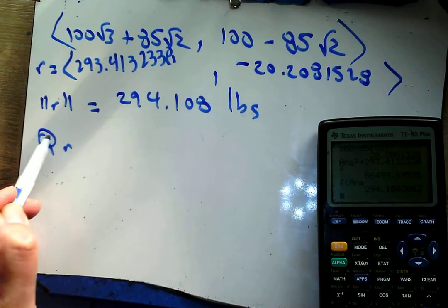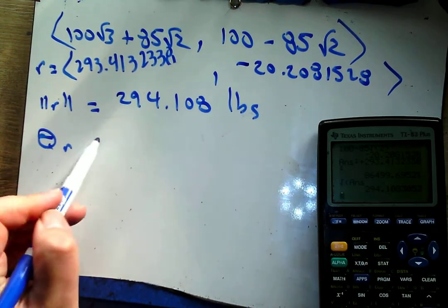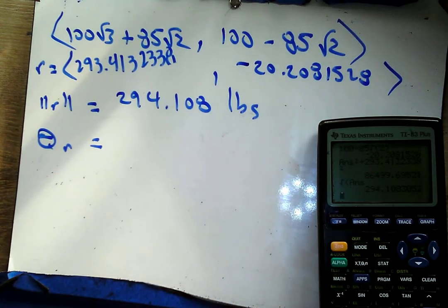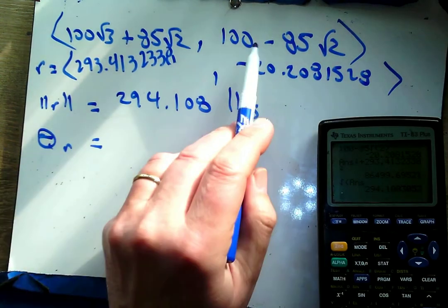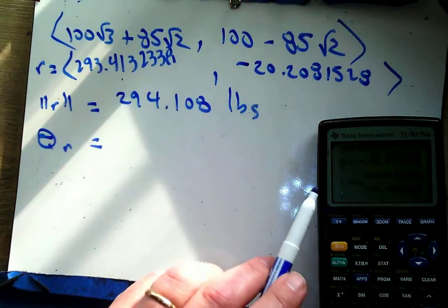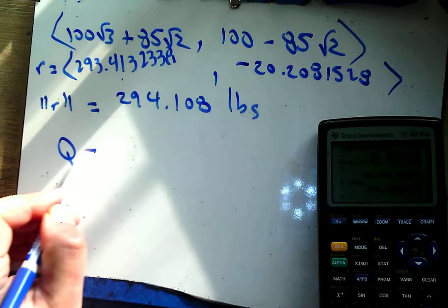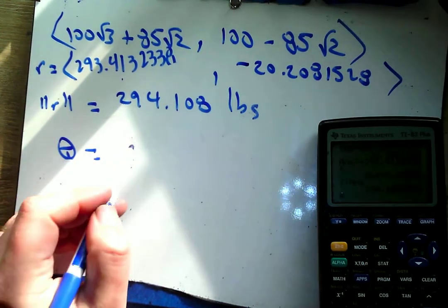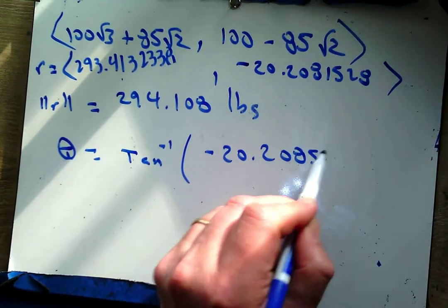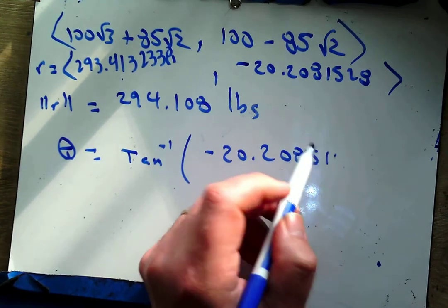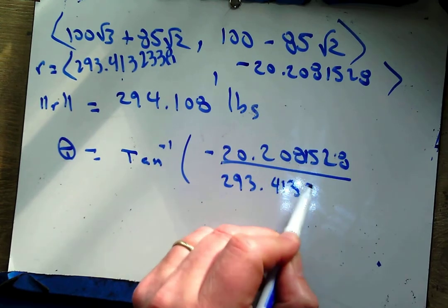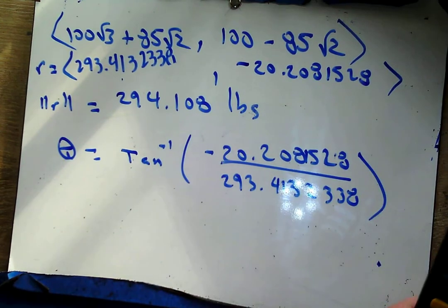Is my theta r positive or negative? So let's take a look at that. We know that in this situation we use tangent. We know that the tangent of theta equals this over this. So I know that theta is tangent inverse of negative 20.2081528 over 293.4132338. And so let's see what we get.